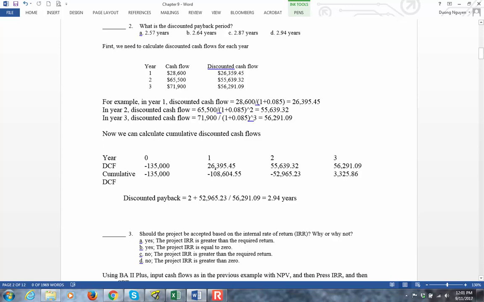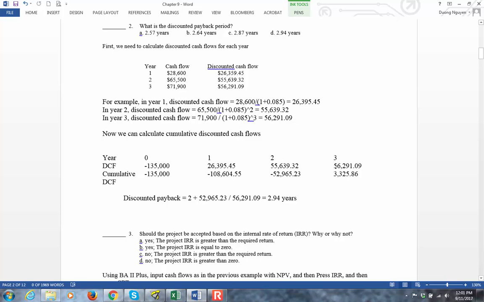In year 1, the original cash flow of the project is 28,600, but this is discounted payback. We have to work with the present values, and we calculated the present value as 26,395. Okay, and the present value of the cash flows in year 2 is 55,639.32.